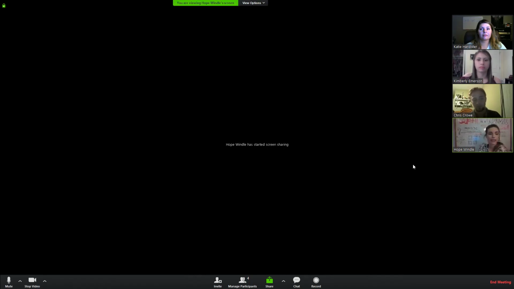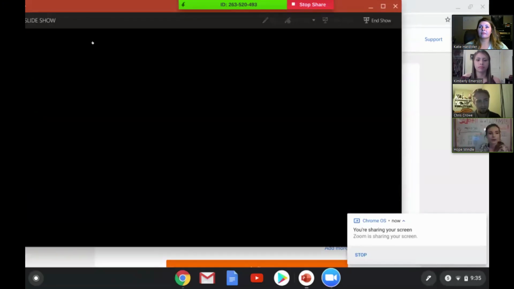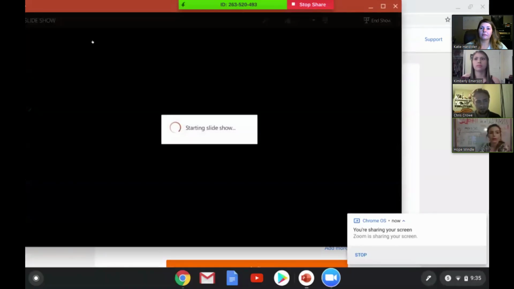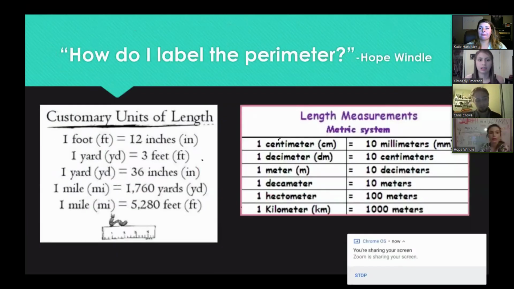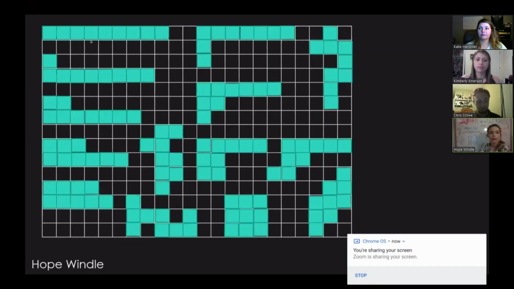We are going to use units of measurement, and we can either use the customary or standard unit length, like inches, yards, miles, or you can use the metric system, which is going to be centimeters, millimeters, meters, and so on. It's very important to label our perimeter, because if we were going to make a fence and it has a perimeter of 18, do we need it to have 18 feet or 18 yards?